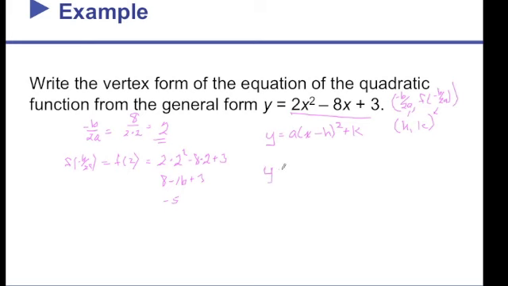So y equals, remember the a stays the same, 2 times (x minus h, which was 2) squared, plus k, which is negative 5. And here's the vertex form of the equation from the general form.